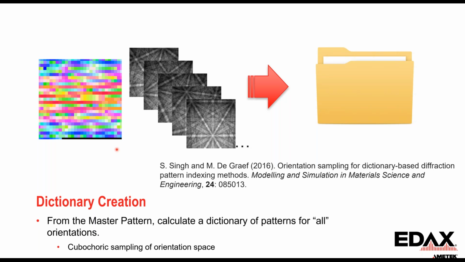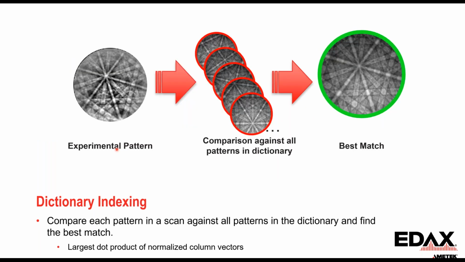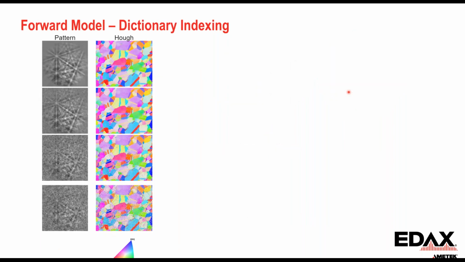But the important thing is, once we have the dictionary, from this general perspective, we take a pattern, we compare it to all the patterns in the dictionary, and then we find the best match. Okay, and then we use that best match as our orientation and our phase solution if we're looking at multi-phase matching.